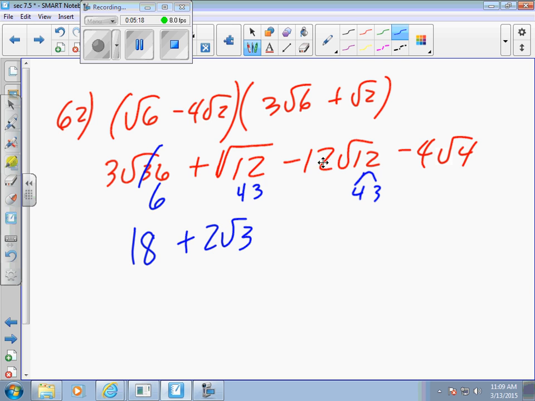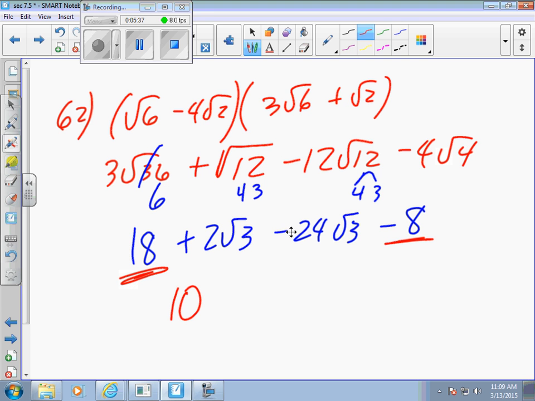Square root of 4 is 2. 2 times the outside gives me negative 24 root 3. And the square root of 4 is 2 times the negative 4 gives me negative 8. Again, simplifying further, we have an 18 and a negative 8 gives me 10. 2 square roots of 3 and negative 24 square roots of 3 gives me negative 22 square roots of 3.